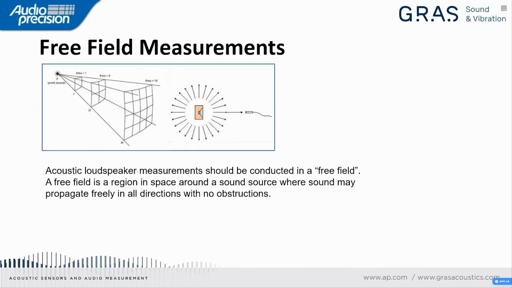An idealized example of this is a point source, an object that is small compared to the wavelength of sound radiating from it. And that's indicated by the image on the left. Located high above the ground, away from any reflective surfaces. When an idealized point source radiates sound in a free field, the sound intensity is inversely proportional to the square of the distance from the source.